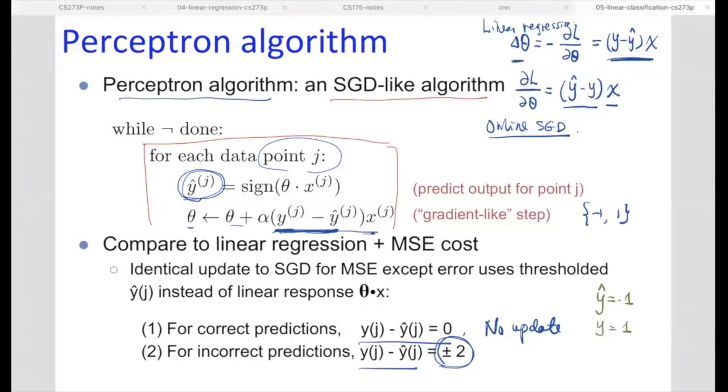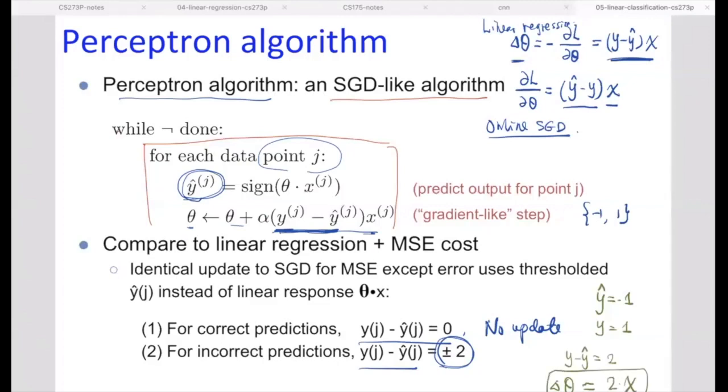Of course, there's an inconsistency between prediction and observation. So now y minus y hat is going to be equal to 2. This suggests that you're going to change the parameter, the delta theta will be roughly proportional to 2 times x.